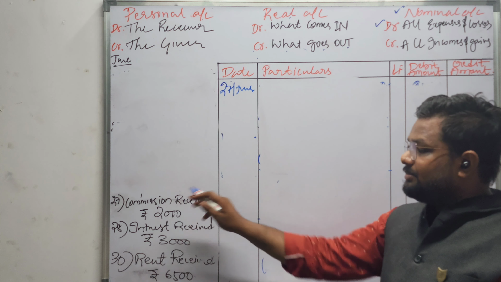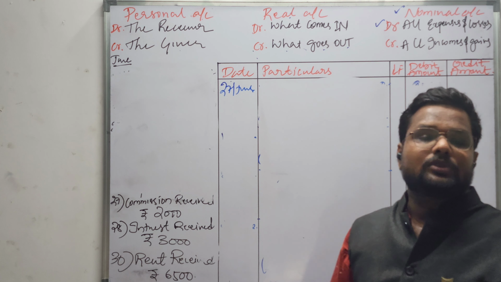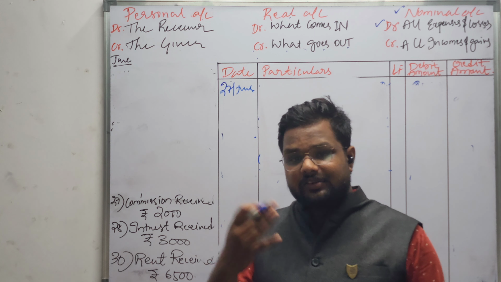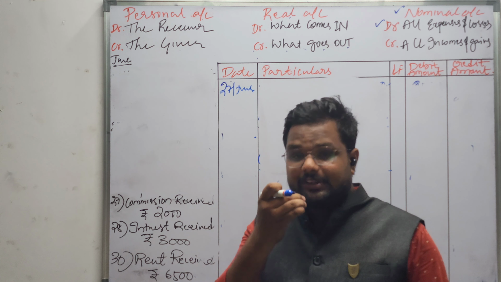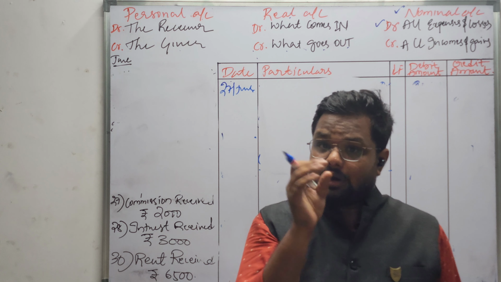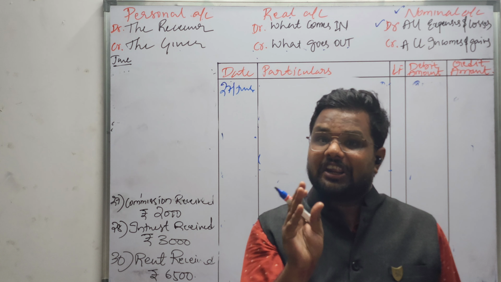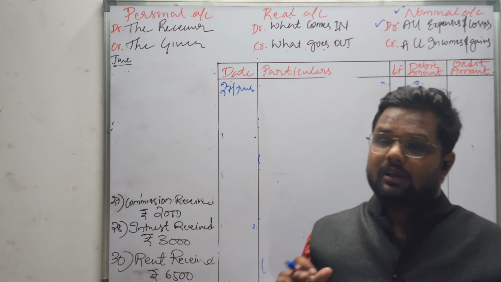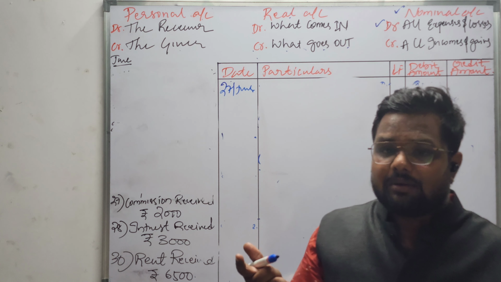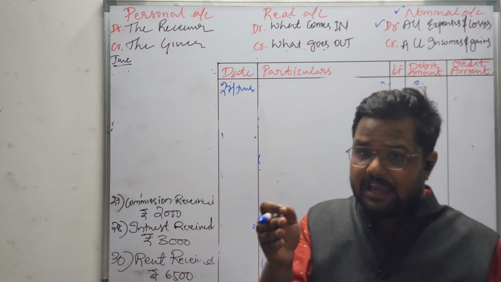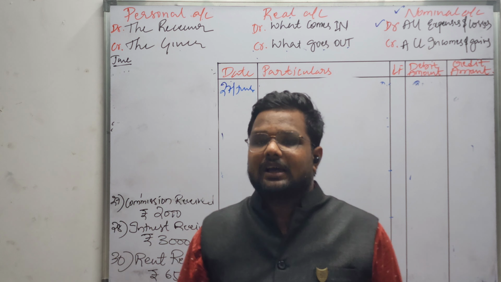Commission received rupees 2,000. What is the transaction? Commission received rupees 2,000. Now whenever you are receiving commission, are you receiving commission? No, you are receiving the cash in the name of commission.